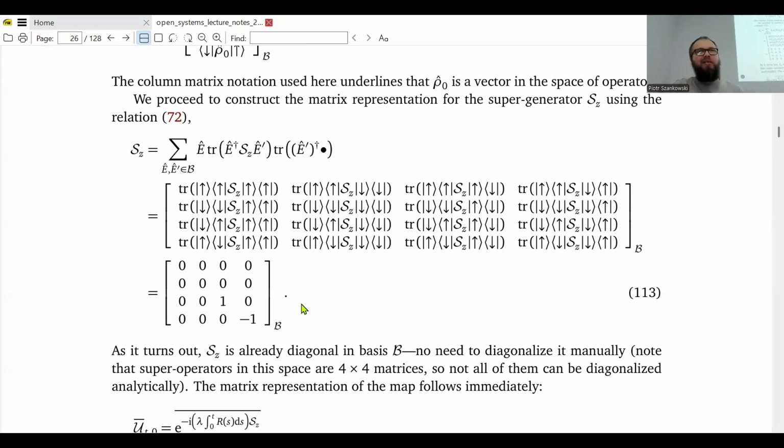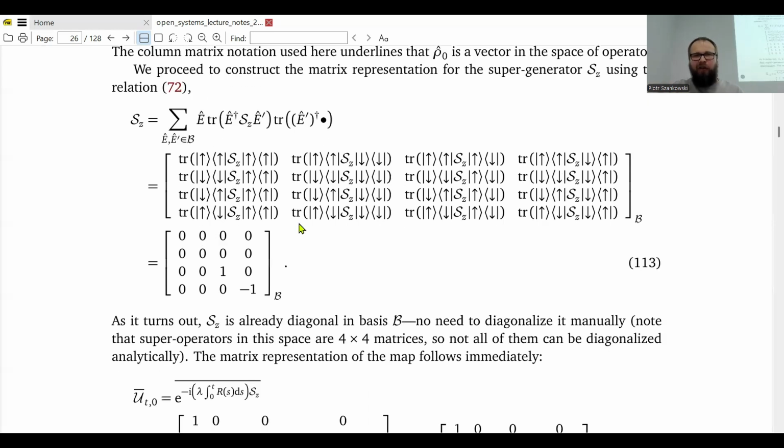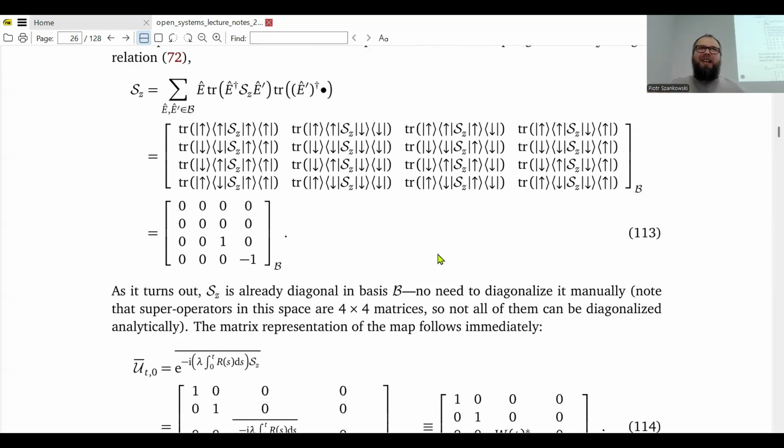And this is good news because this is a 4x4 matrix, and in general it's not always possible to diagonalize them analytically, right? So if you get the diagonal form for free, just take it and be happy, okay? Because it's not always easy to find it on your own.